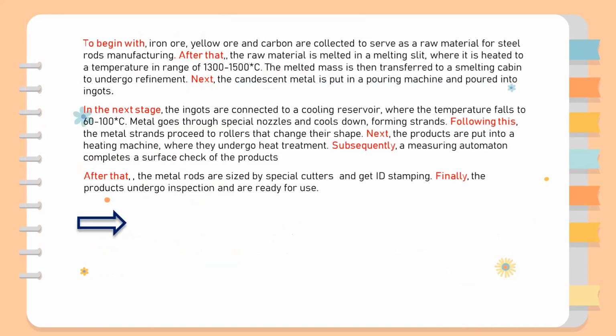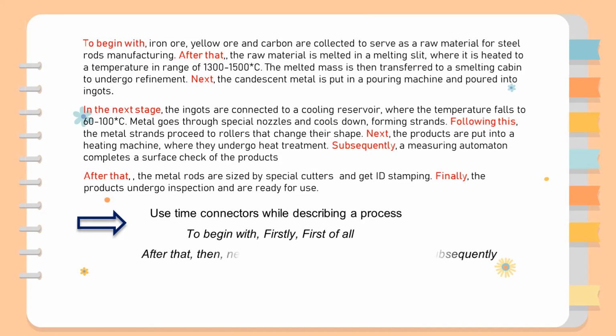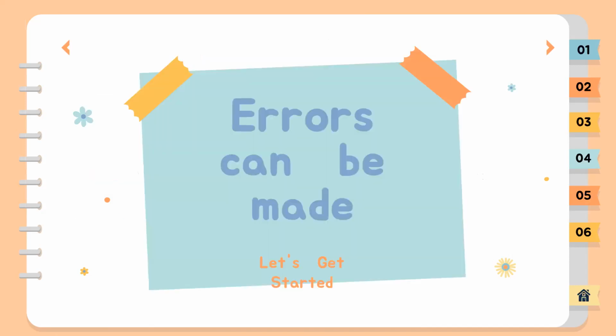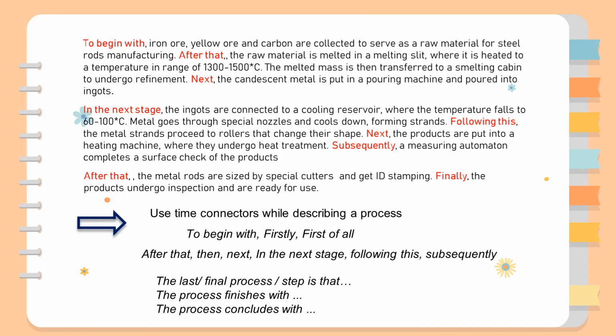Okay, so all these words I have highlighted: to begin with, after that, next, in the next stage, following this, subsequently, after that, and finally, these are all time connectors. To begin with, first of all, after that, then, next, or subsequently.